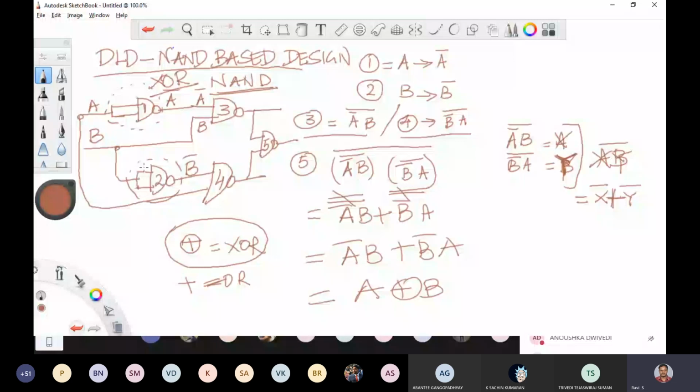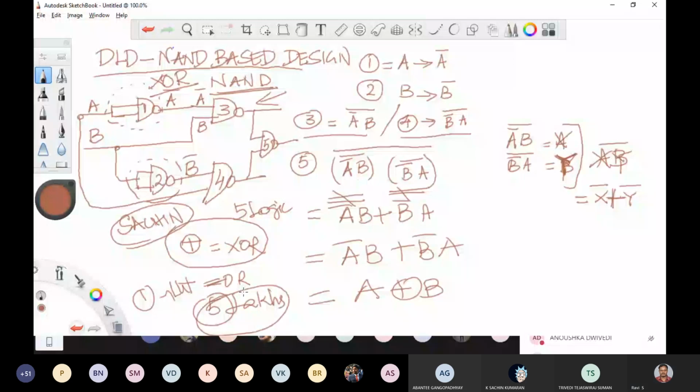Assume one logic gate is equal to 1 lakh. So Sachin achieved the design at a cost of 5 lakhs, using NAND for exclusive OR.